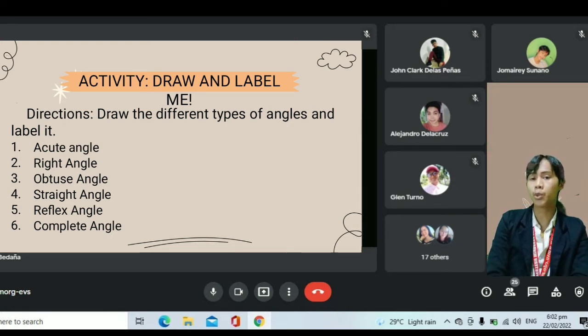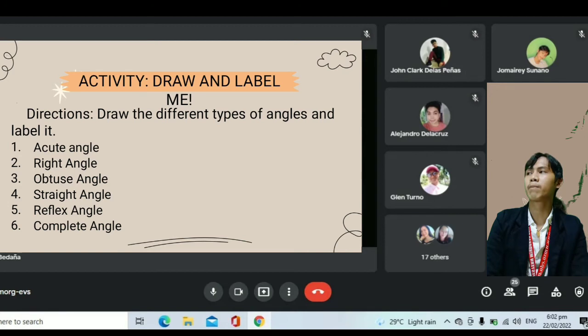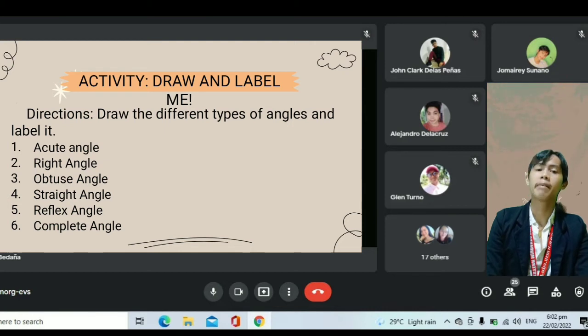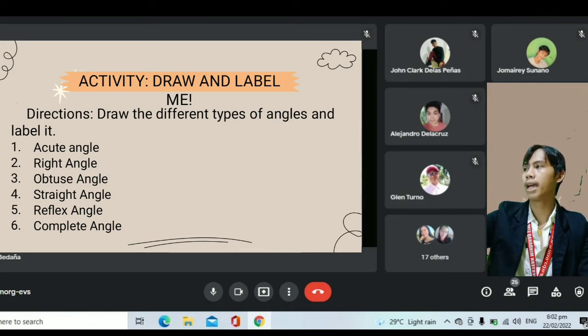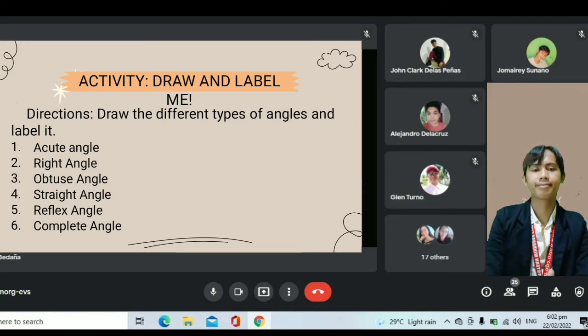Group 1 will be called the Math Angels and group 2 will be the Math Pirates. You may start now.